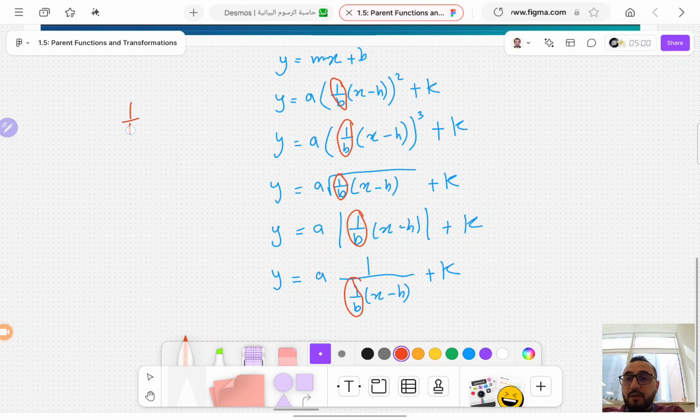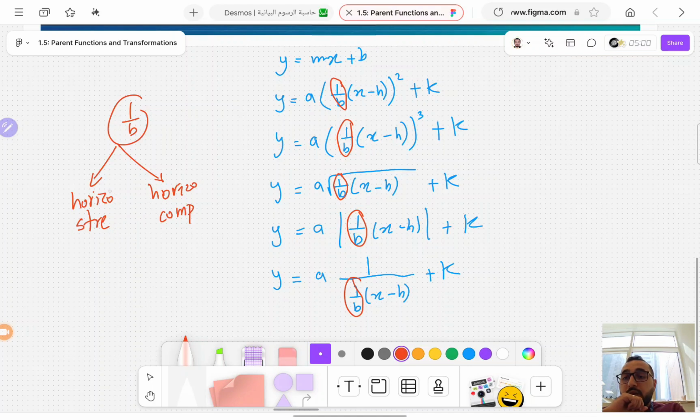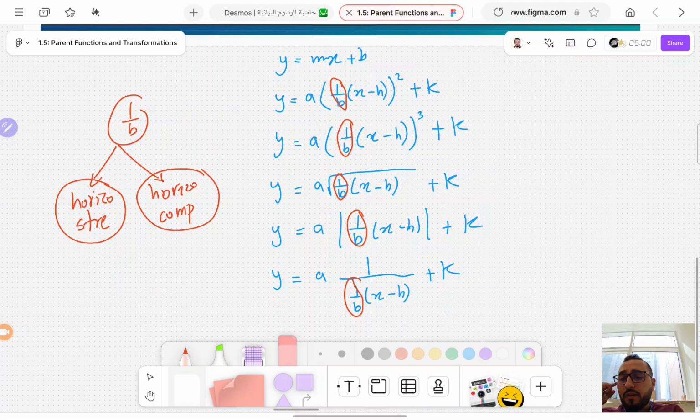Because it's horizontal, it is a stretch or a compression. For a horizontal stretch, the 1 over b should be a fraction, not a whole number, between 0 and 1, like 1 over 2, 1 over 4, 1 over 6, or 2 over 3.